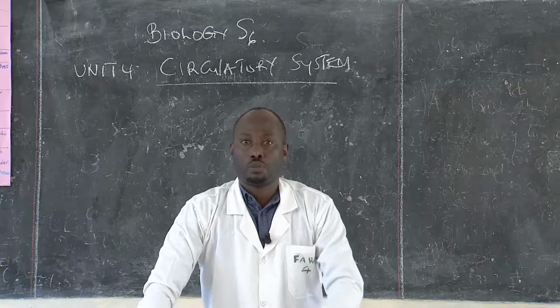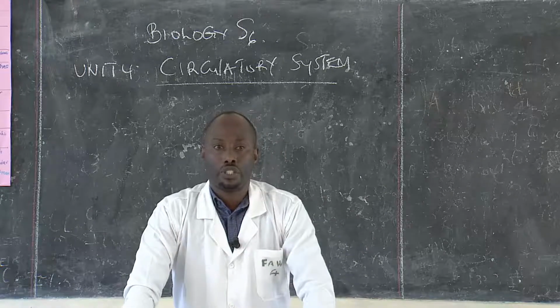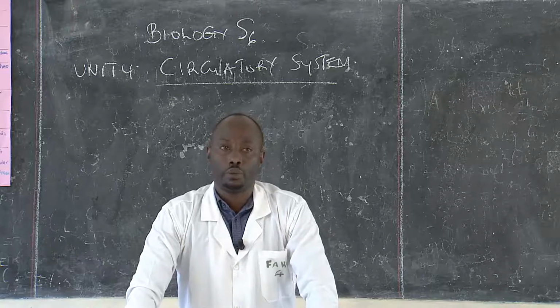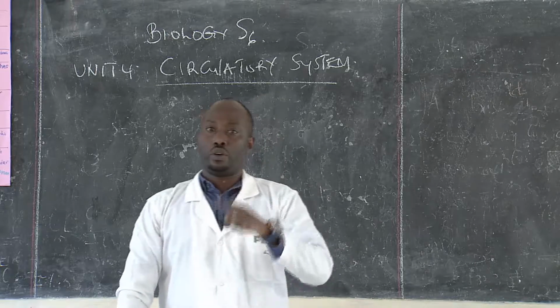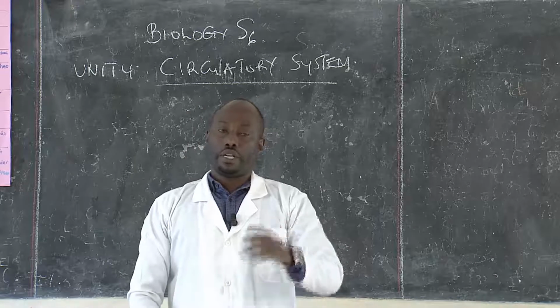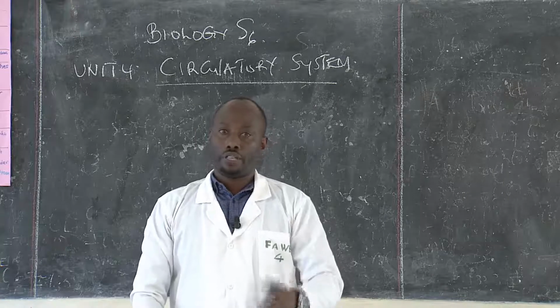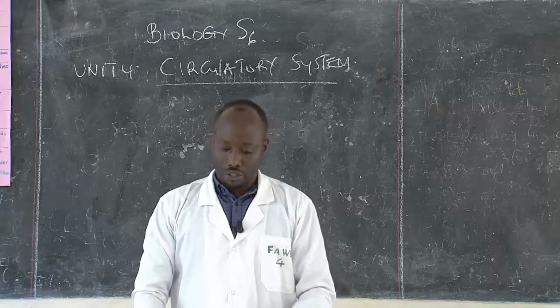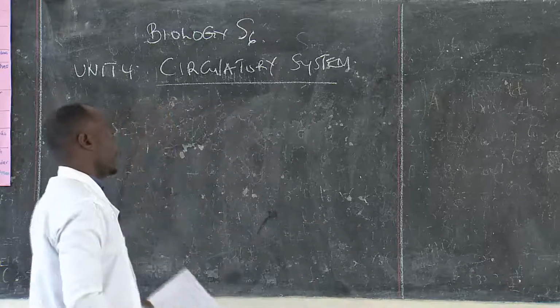For those who have textbooks, you can check Senior 6 biology, page 83 up to 87. So let us start our lesson, but I remind you, you're in holidays. You're not in holidays. You have to make your personal timetable, and you make revision so that you don't lag behind on the lesson. So that's what we're going to be discussing today in biology.